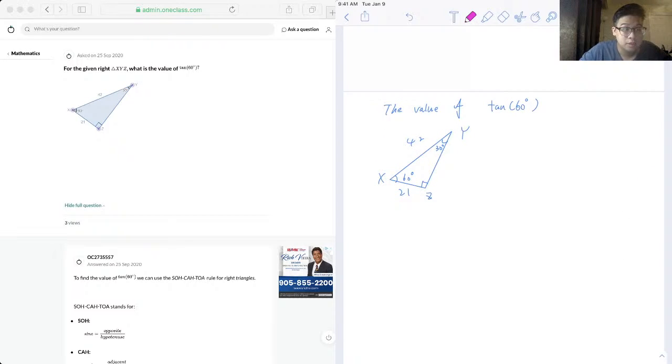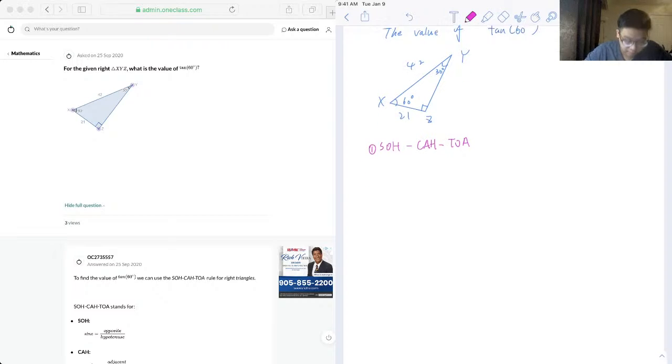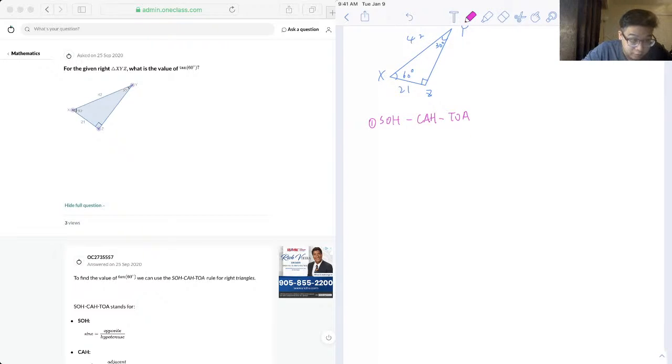The first thing I'll be talking about is SOHCAHTOA, which simply stands for sine, cosine, and tangent. Sine is equal to opposite over hypotenuse.